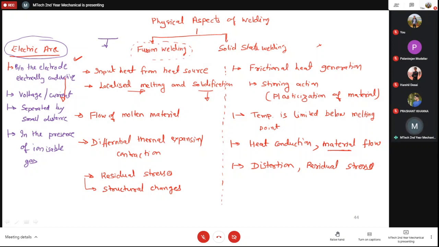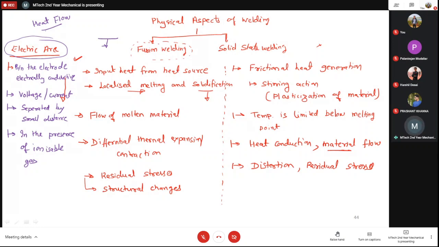So the electric arc generally involves heat flow or heat transfer. It causes heat to be generated from the input energy, whatever input energy we are giving, that current and voltage converts into heat through the plasma channel.